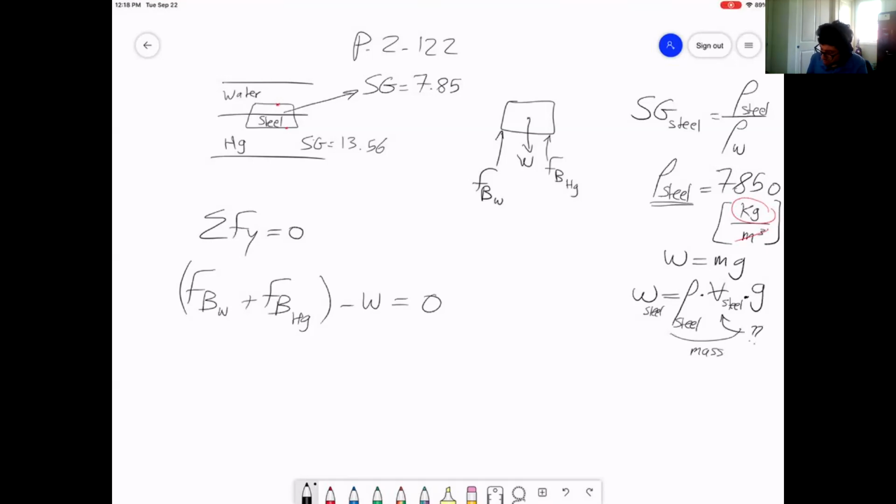So how would you calculate FBW, the buoyant force from water? What's the formula? It was gamma times the volume submerged.